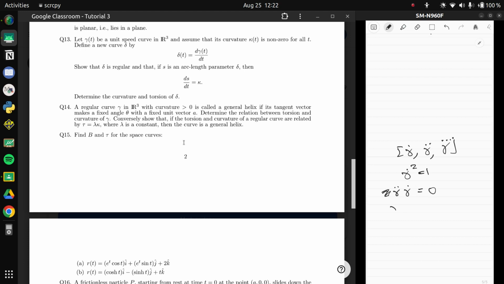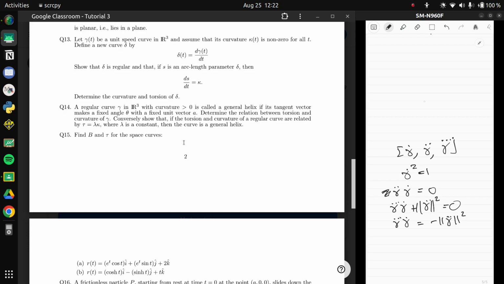But taking another derivative, you get gamma triple dot dot gamma dot plus gamma double dot squared equals 0. So the dot product between gamma triple dot and gamma dot would be negative the magnitude of gamma double dot squared.